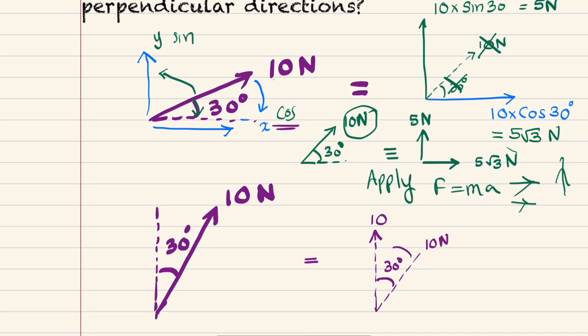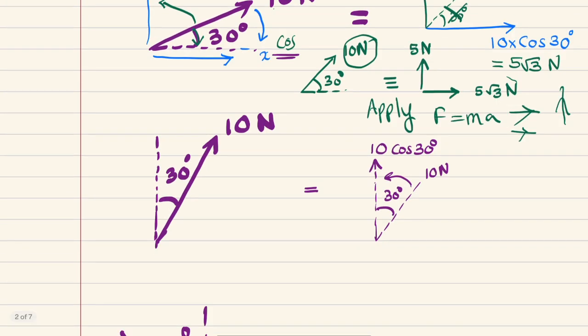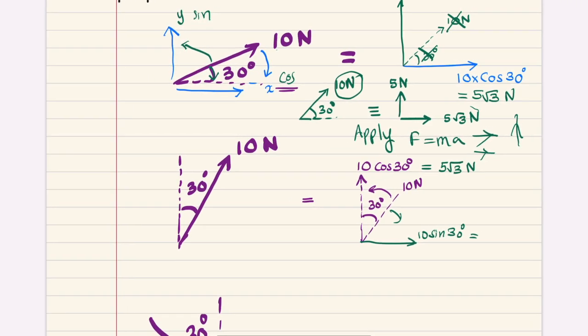So it will be 10 cos 30 this way, and when you're going away from the angle, it will be 10 sine 30. The answers will be the same as the previous, but flipped. So 5 root 3 will appear here, and 10 sine 30 would be just 5 newtons.